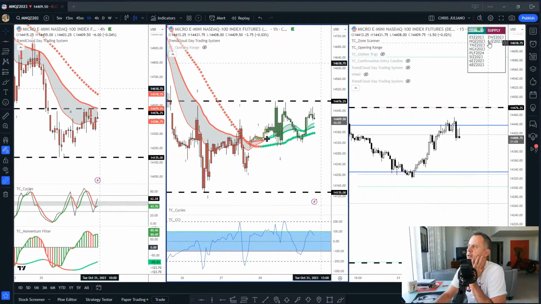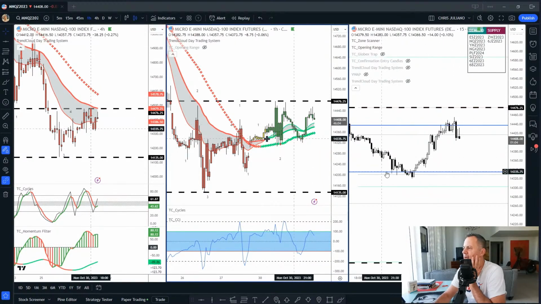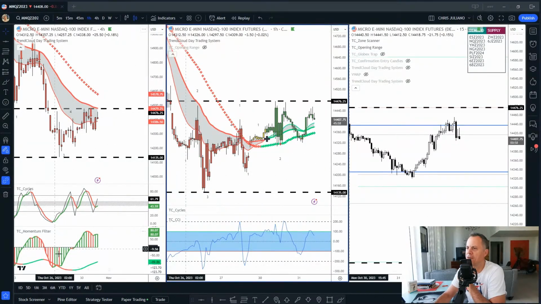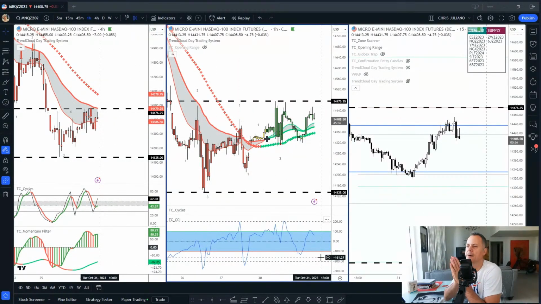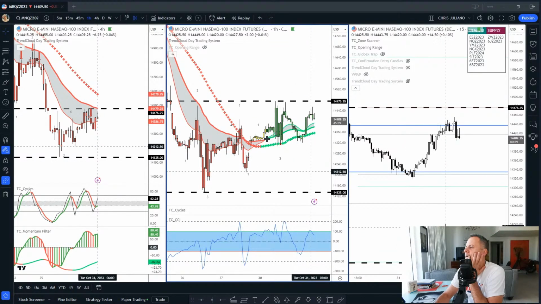And just using one indicator or one strategy, it's not going to give you the full picture, right? You have to use everything together to really put your process together into a system, right? And that's what you want to run on your charts. You want to run a system, not just looking at one indicator.